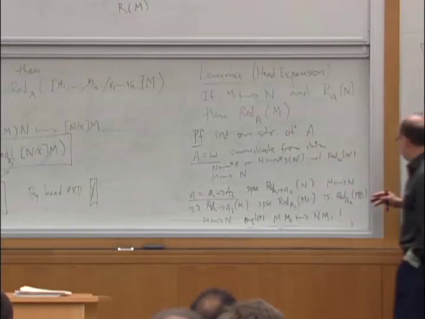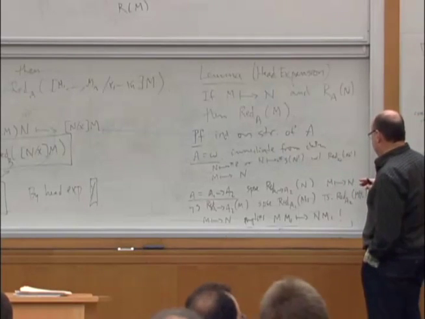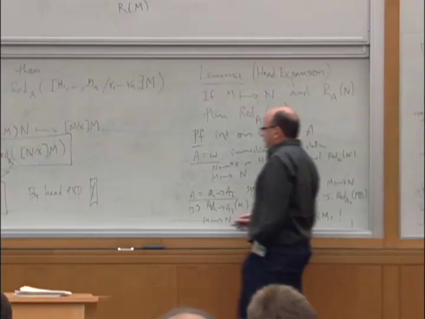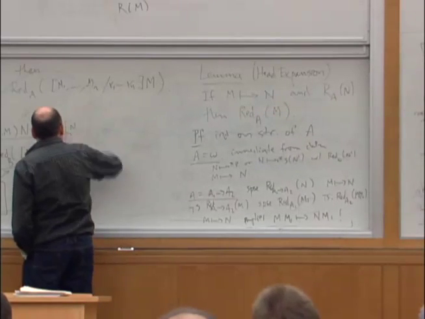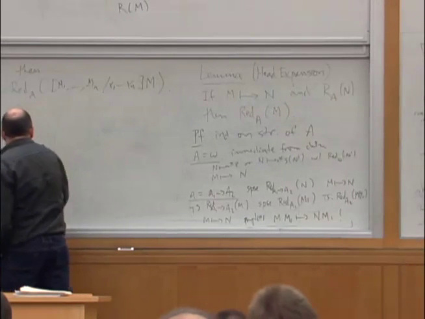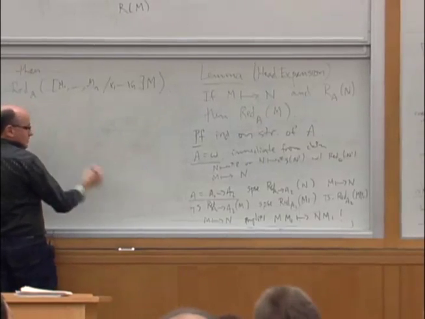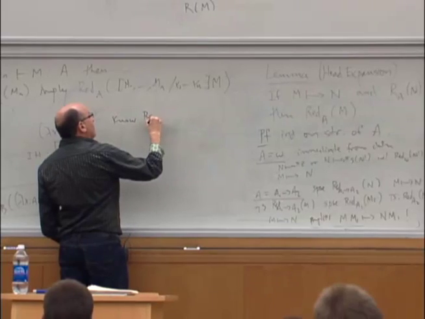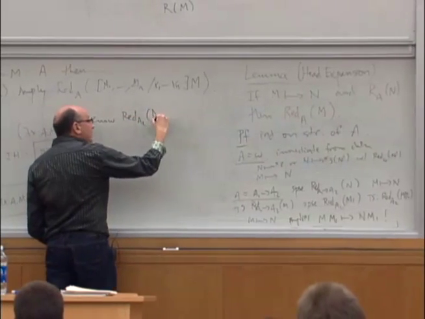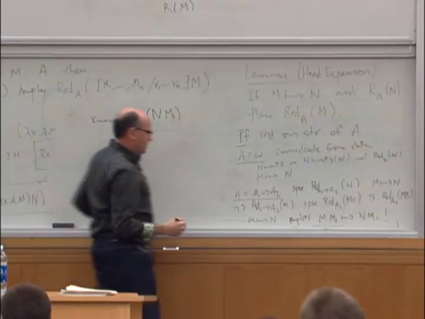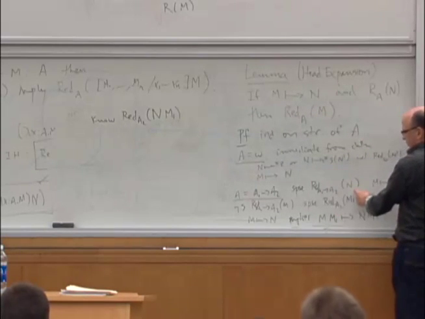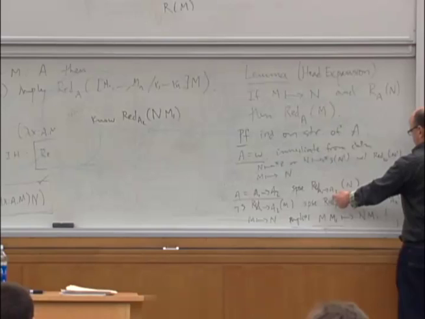Or, I've got my M's and N's backward. But it follows, because we know that this is the case, so let me write it out. Under the assumptions we have, we know reducibility at A2 of N applied to M1. Why? Because M1 is chosen to be reducible at A1, and N is assumed to be reducible, so its application is reducible at A2.